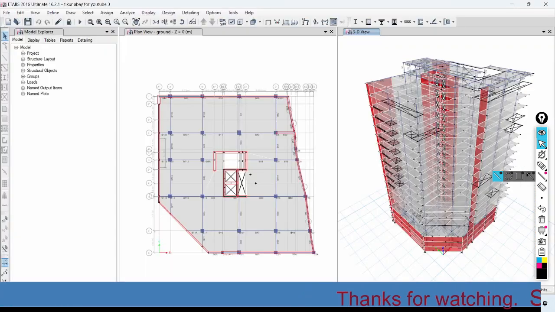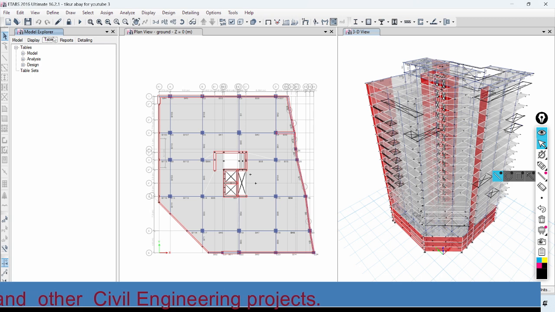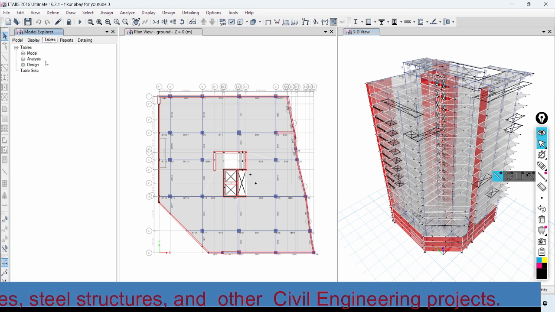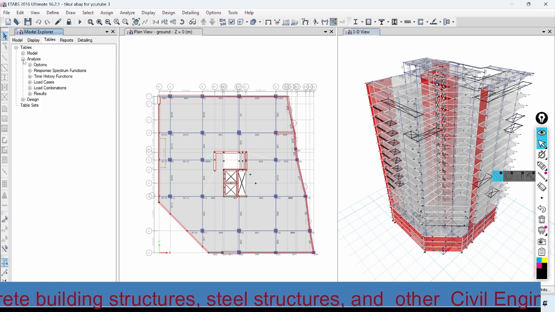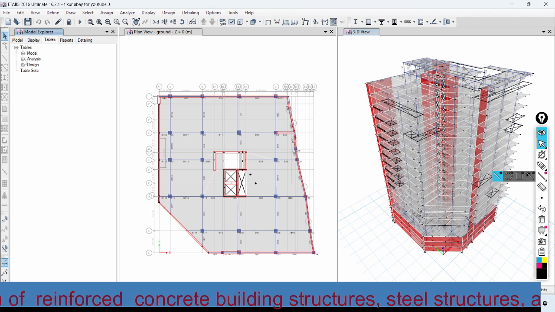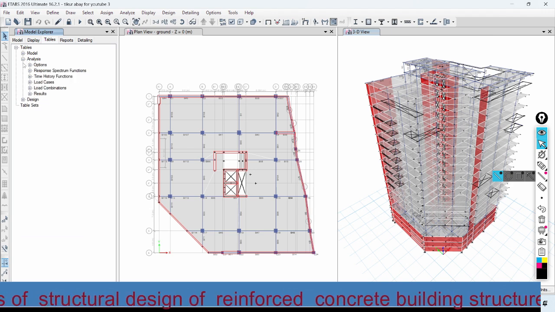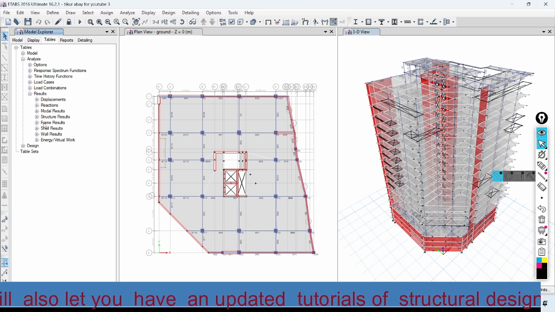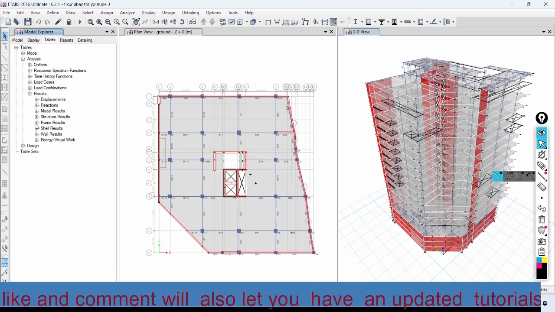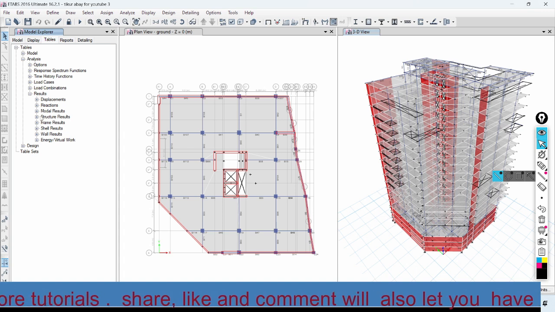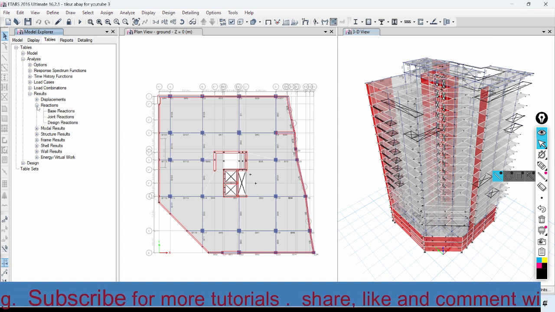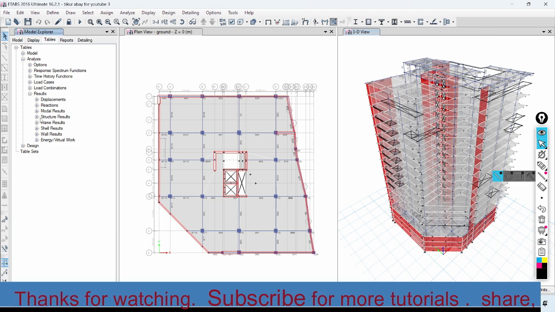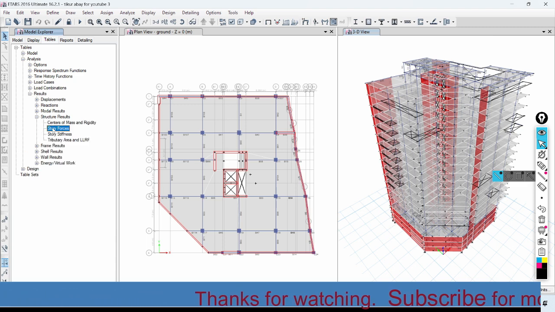So to do this, go to ETABS and go to the analysis, sorry, and come to results, and come to the structural results and story force.